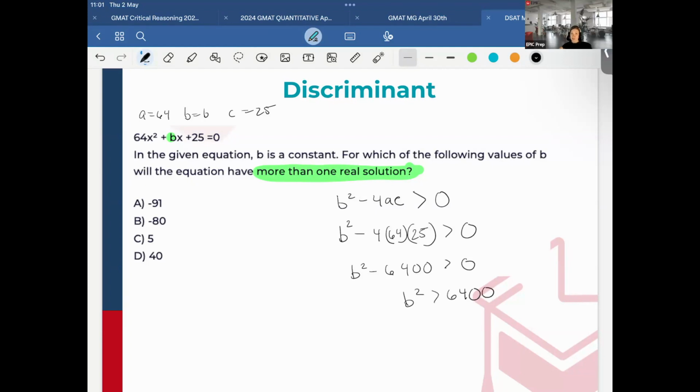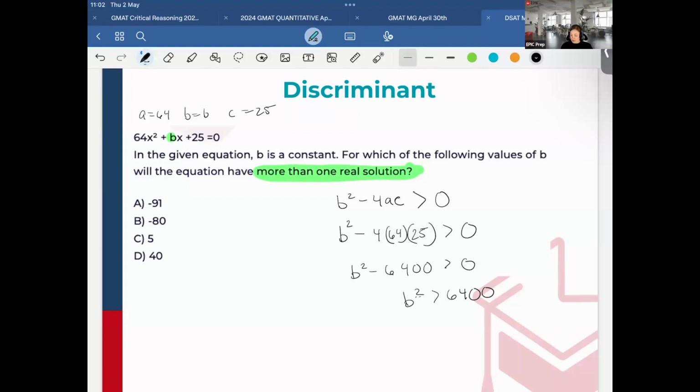And then super important with this concept, which makes it one of the more difficult ones, is that whenever you have an inequality with a square, you need to consider the absolute value of the square. So when I take it, there's two situations.